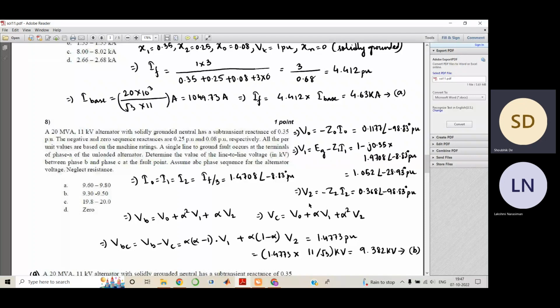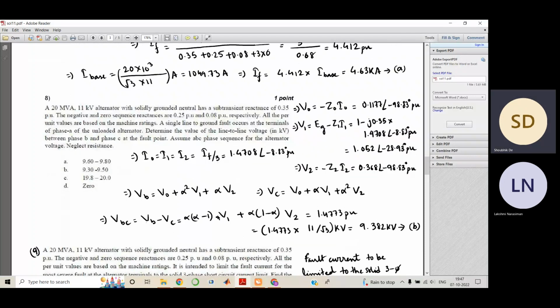So you know every value, you just substitute. I have shown it directly here. It comes out to be 9.382 kilovolt, which is option B. 7 and 8 were pretty simple problems. I hope these two are clear.